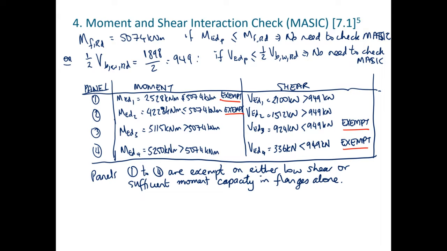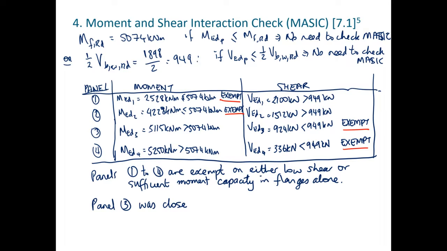Okay, so it's kind of handy. We can see that panel 3 is pretty close in there, so we can see that the demand for panel 3 is 924 kilonewtons, its capacity is 949, so it's very, very close. So we can note that panel 3 was close.